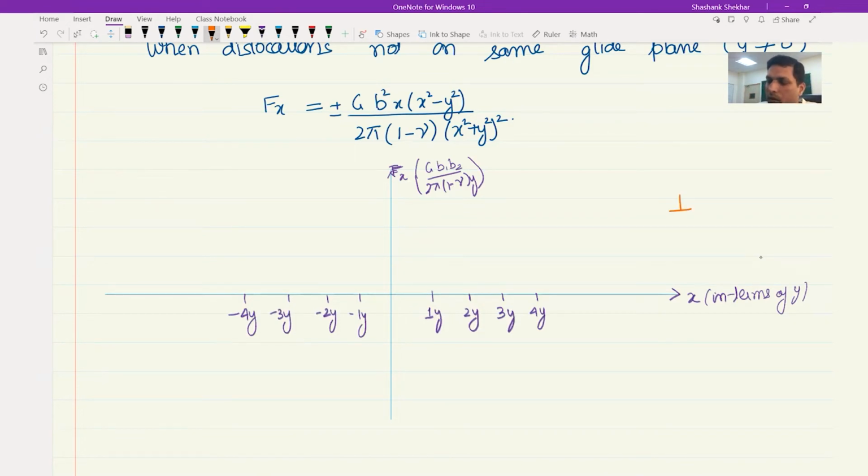So this is the first dislocation, and for the second dislocation we keep y fixed. So the second dislocation can be here, it can be here, it can be here. And this particular location would be of very big interest to us. So let me draw this. So this is 45 degrees.